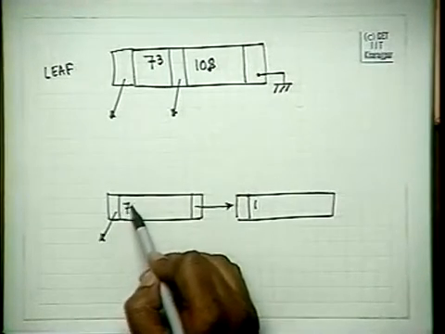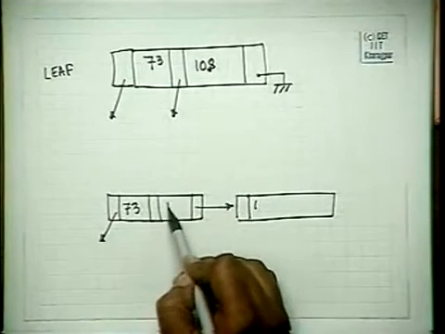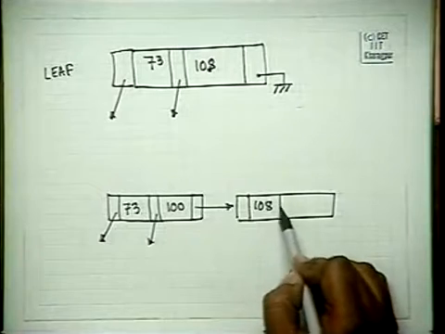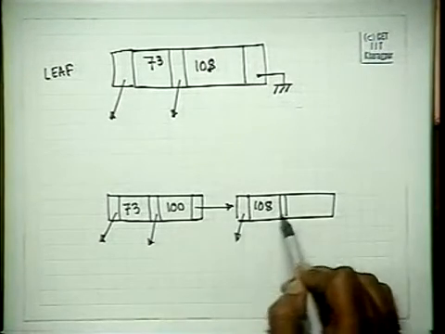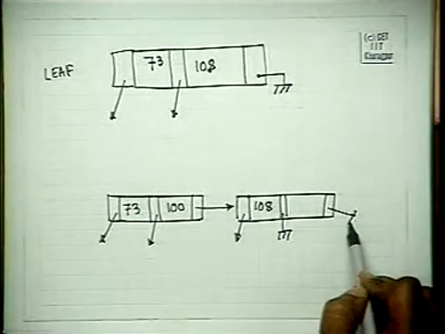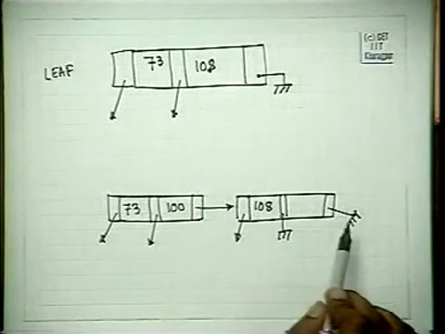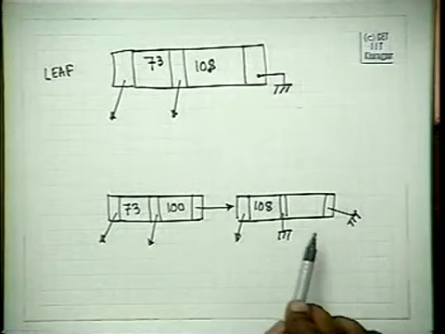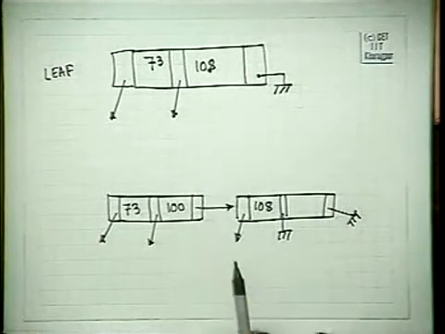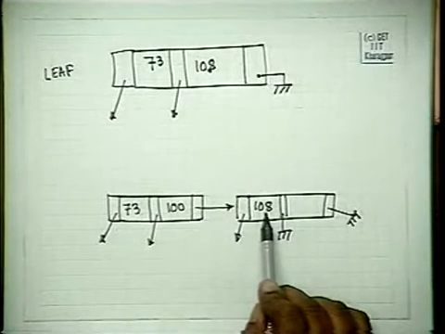This points to 73, which is the smallest. This points to 100. This points to 108. And these two are nullified. The rule of null is no problem in case of a leaf. In a non-leaf node, we must have at least one of these values here.